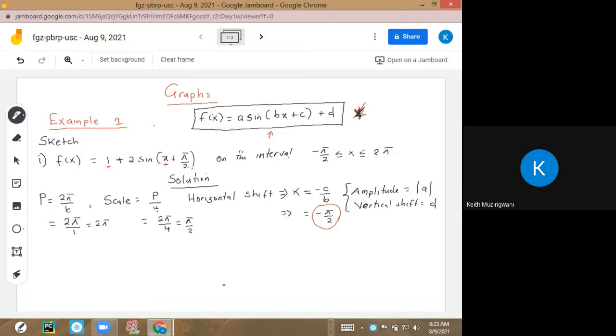So whenever I see such a structure, any sine function will have amplitude, it will have the period, any sine function will have the horizontal shift, it will have a vertical shift, and it will also have a scale.